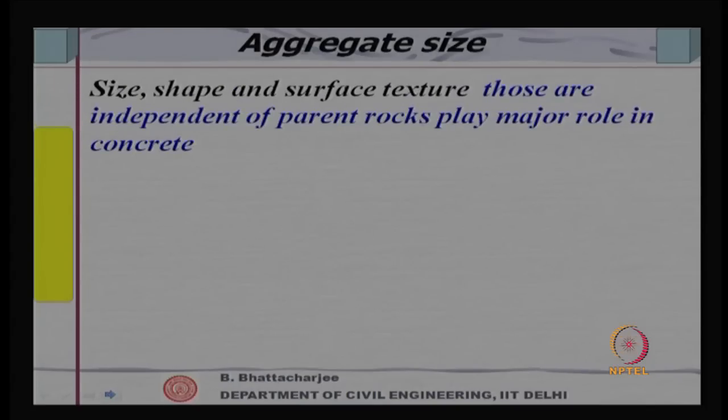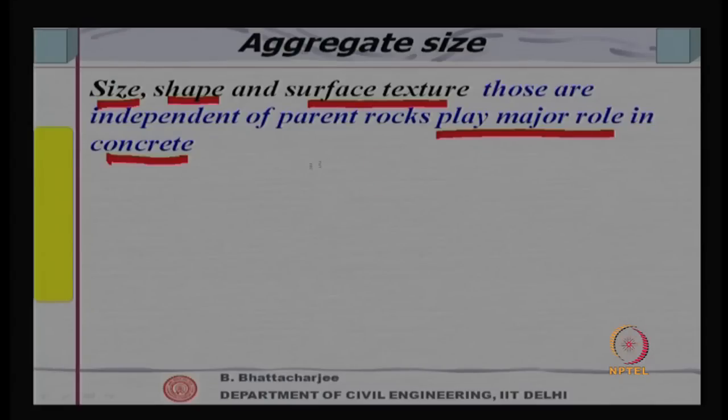Size, shape and surface structure are independent of the parent rock, but play a major role in concrete. So, the thermal properties, porosity, chemical composition and mineralogical composition of the aggregate will be the same as the original parent rock itself.